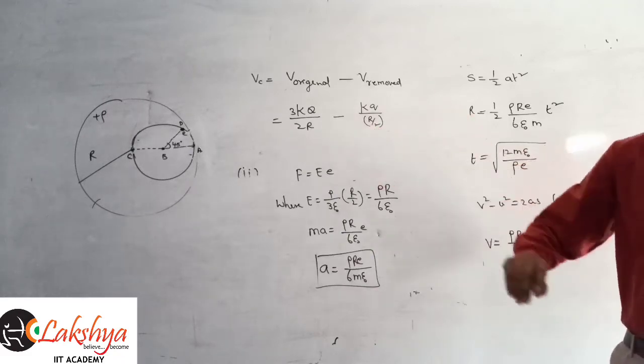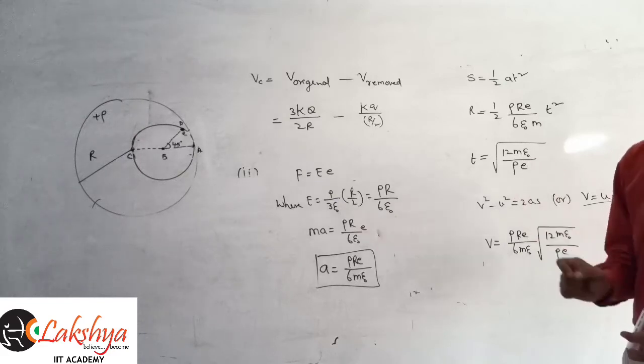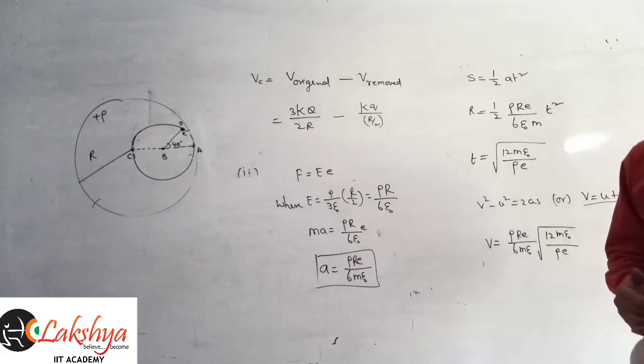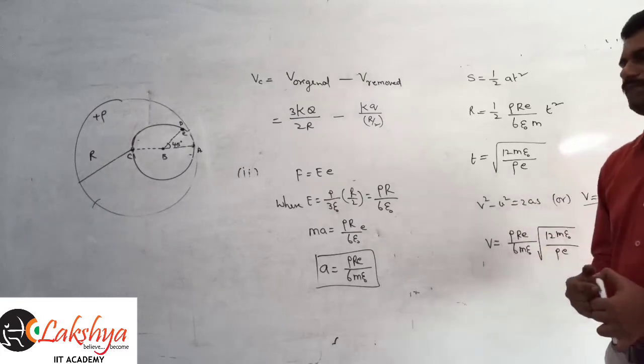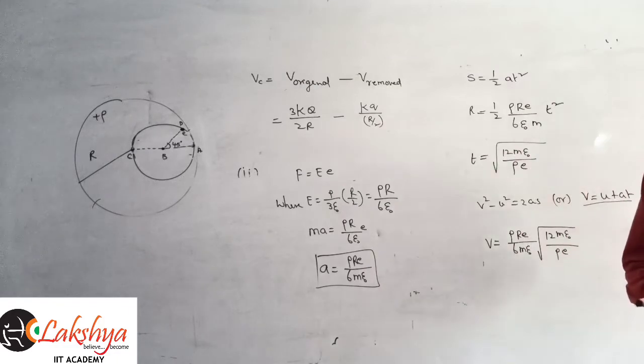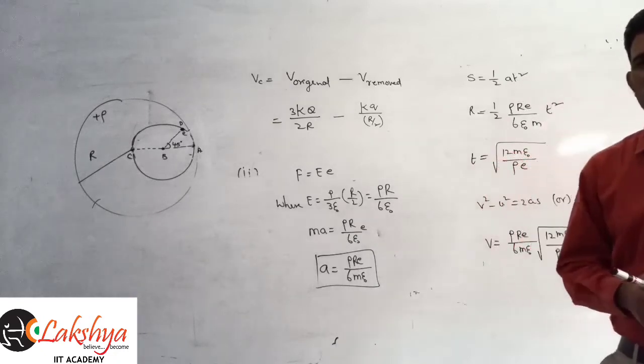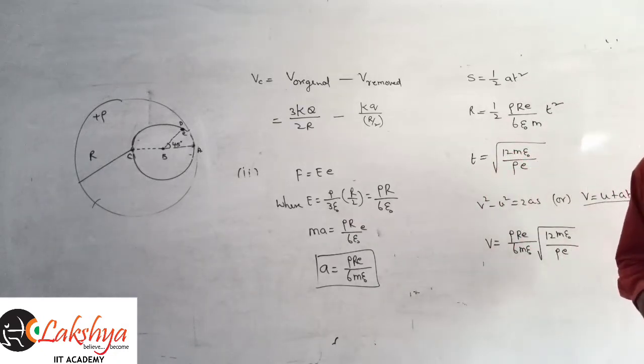Find the time taken by the electron to strike the surface of the cavity for the first time, and with what velocity it strikes the surface of the cavity.